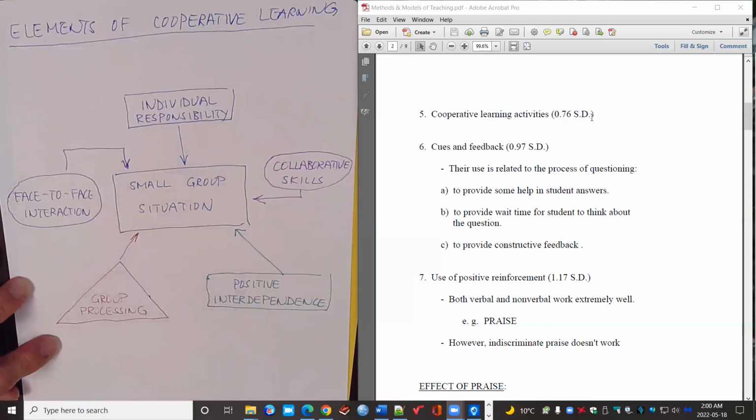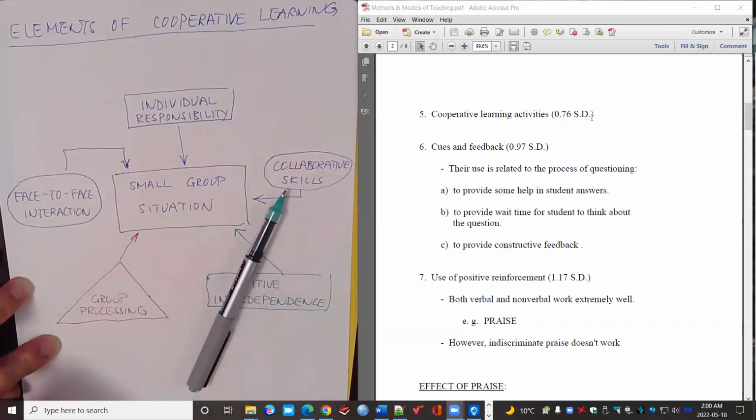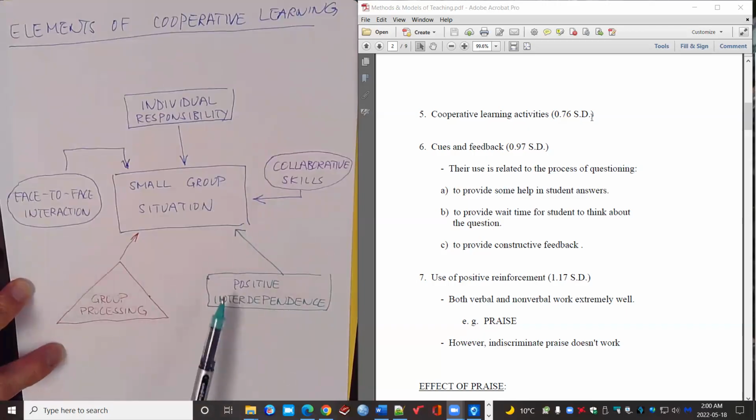So stress that, and also cooperative skills. So how do they work together to attain that goal? This is something the teacher could come in and help with, show them how to do that. You don't call people's names and that type of thing. You know what I mean?